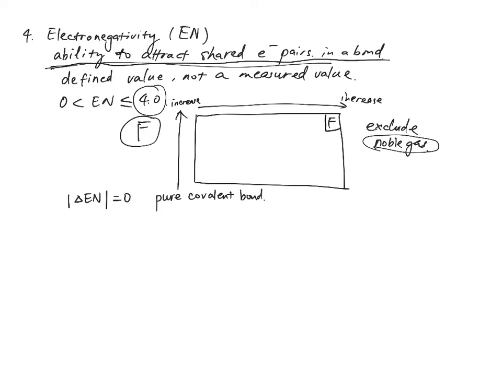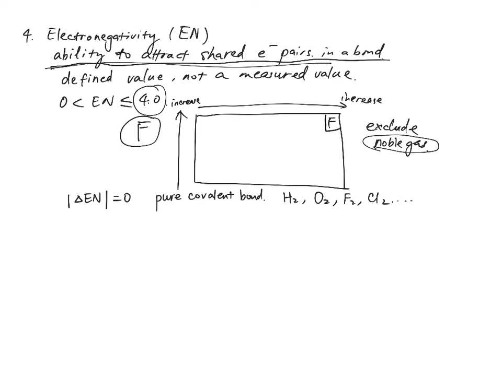And the easiest way to identify a pure covalent bond is that it exists in molecules like hydrogen gas, oxygen gas, fluorine gas, chlorine gas, and so on and so forth. Because when you have two of the same atoms sharing electrons, of course their difference of electronegativity is 0.